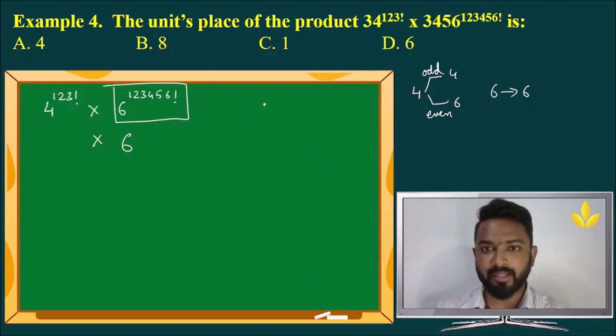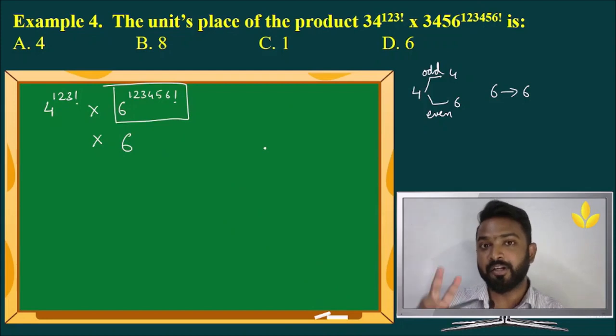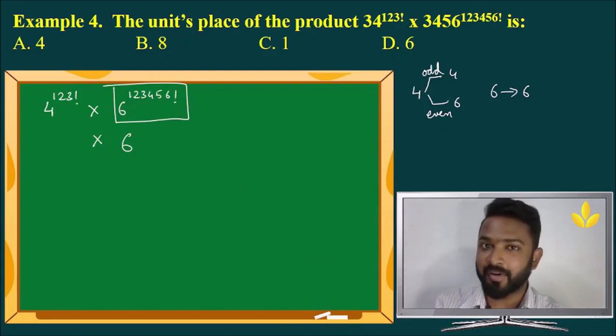Always remember one thing, every factorial starting from 2 factorial is an even number because ultimately they all get multiplied with 2. 2 factorial is 2, 3 factorial is 6, 5 factorial is 120, so on and so forth. Every factorial starting from 2 factorial is an even number. The only 2 odd factorials are 1 factorial which is 1 and 0 factorial which is 1 again.